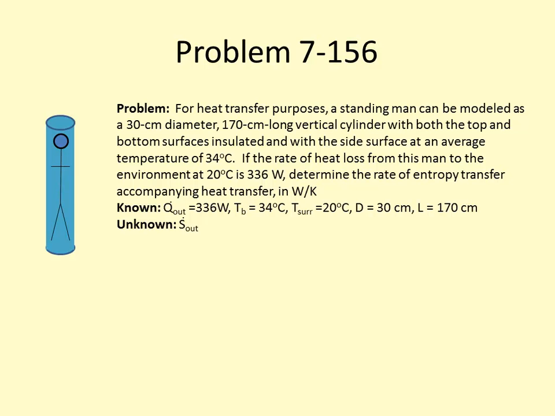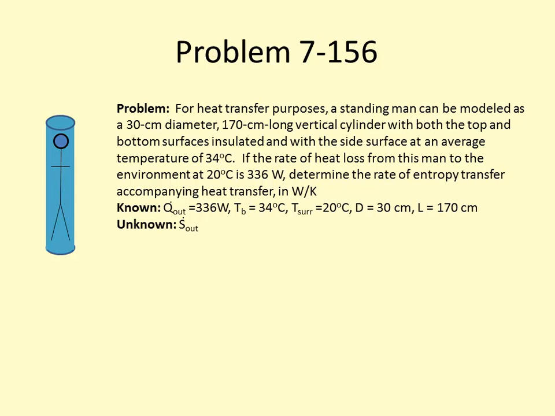I guess the first question would be, how is entropy being transferred out of this system? Heat loss. Okay, so Q dot out of this system is 336 watts. So S dot out is going to be Q dot out divided by the temperature of the boundary of our system.